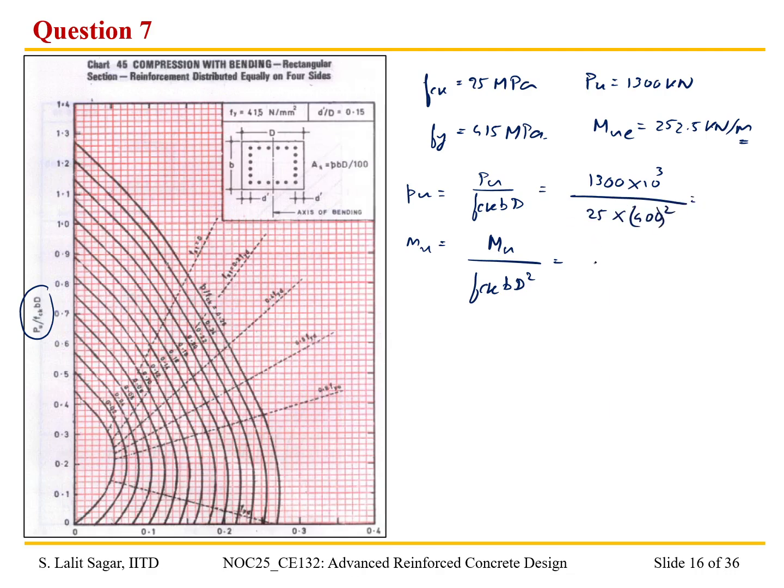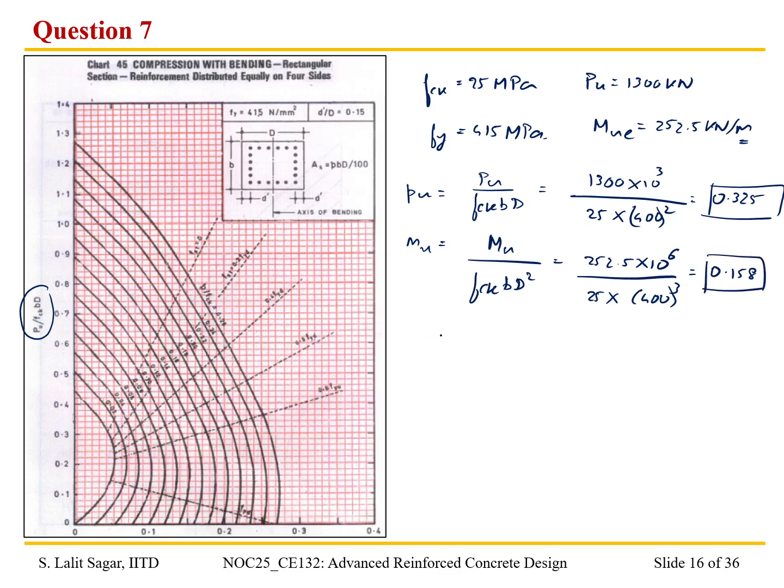And here we have 252.5 into 10 to the power 6 divided by 25 into 400 cube, which gives me the value of pu as 0.325 and mu can be expressed as 0.158.